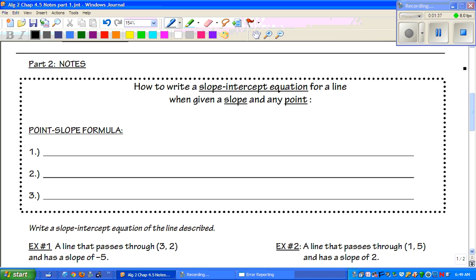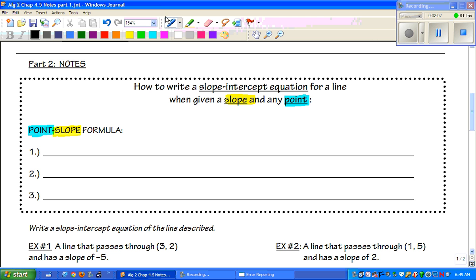All right. How to write a slope-intercept equation for a line when given a slope and a point. Now, what we're going to be talking about today is the point-slope formula. They were extremely creative when they came up with this formula and how to name it, because pretty much what they give you is a point and the slope.